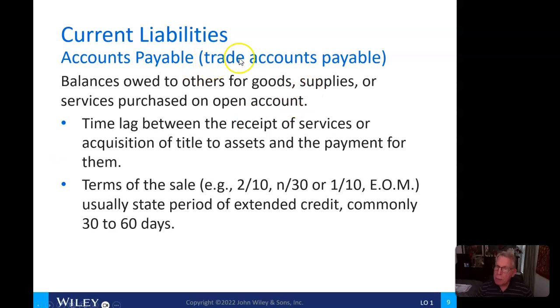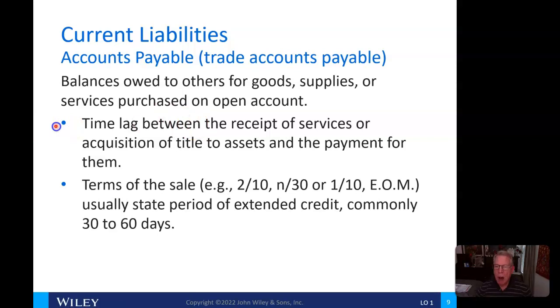Accounts payable sometimes are called trade accounts payable, just like with trade accounts receivable. In this case, the balance is owed to others for goods, supplies, or services purchased on what we call open account or on credit, right?